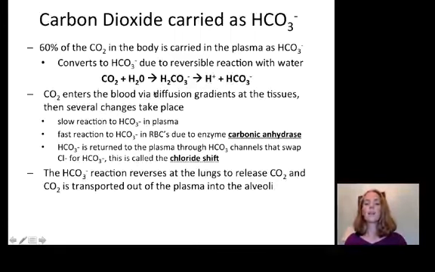So the CO2 will enter the blood through the diffusion gradients that we talked about for the partial pressures of carbon dioxide, and then it will take several changes to react and become bicarbonate. It's actually naturally a slow reaction for the carbon dioxide to become bicarbonate in the plasma. But there's an enzyme called carbonic anhydrase that is a fast reaction to bicarbonate.